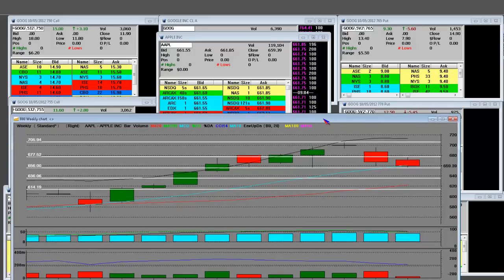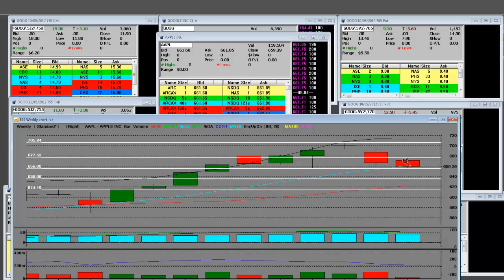So when selling happens, if we go through the blue line, that's called a 10-week moving average, and when the price starts to fall through there, selling can escalate.